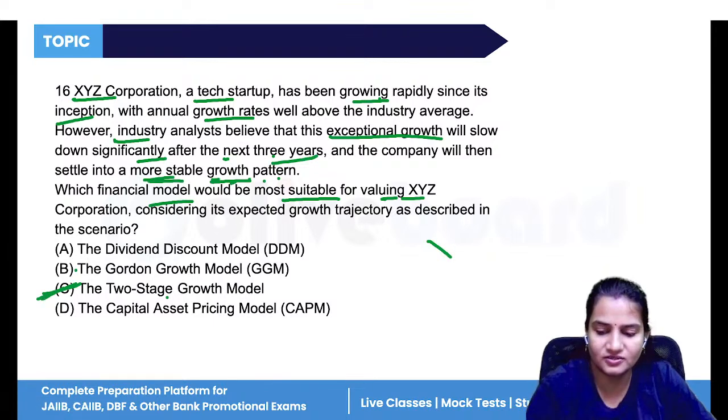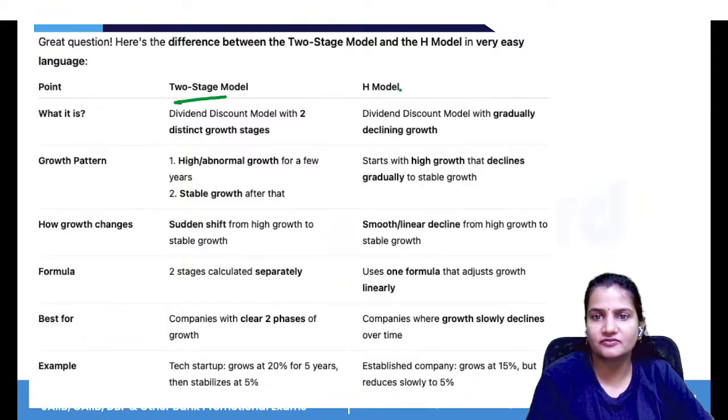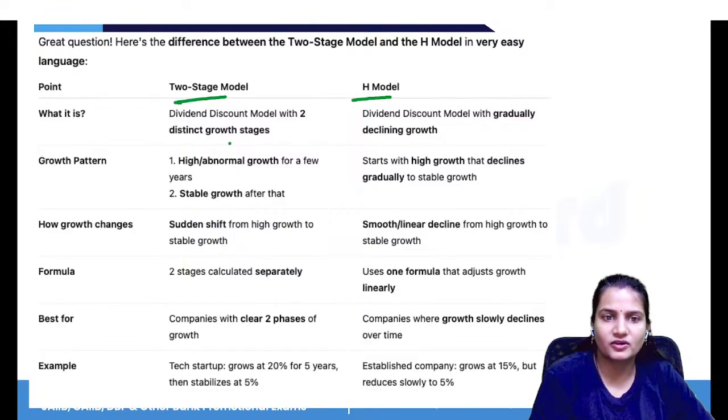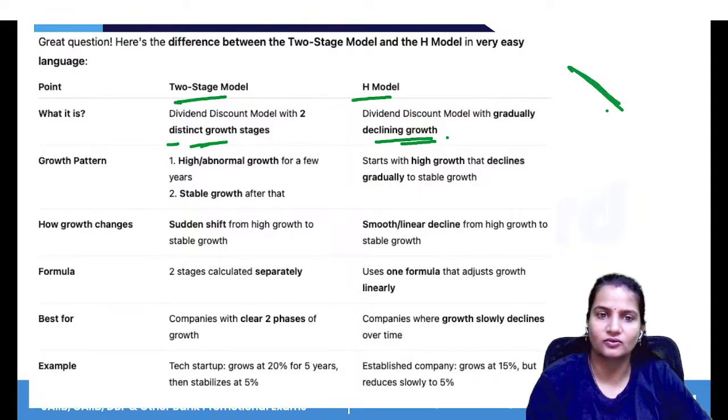Now, what is the difference between the H model and the two-stage model? In the two-stage model, two distinct growth stages are there, but in the H model, the growth declines gradually.